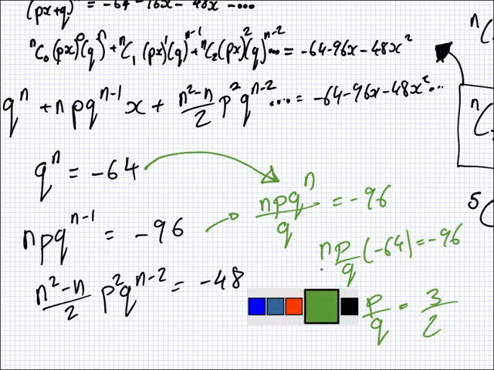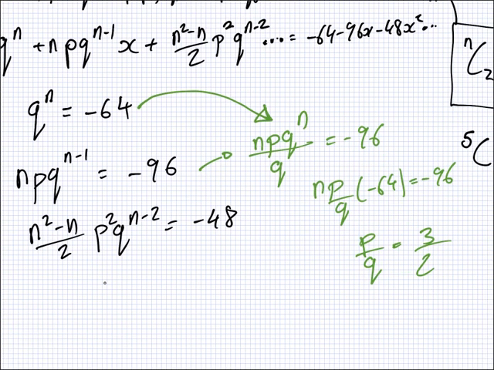Okay. Then what I do, in this one here, I change that into n squared minus n over 2, q^n p squared over q squared, because, again, by the same trick. But p squared over q squared is just p over q squared.